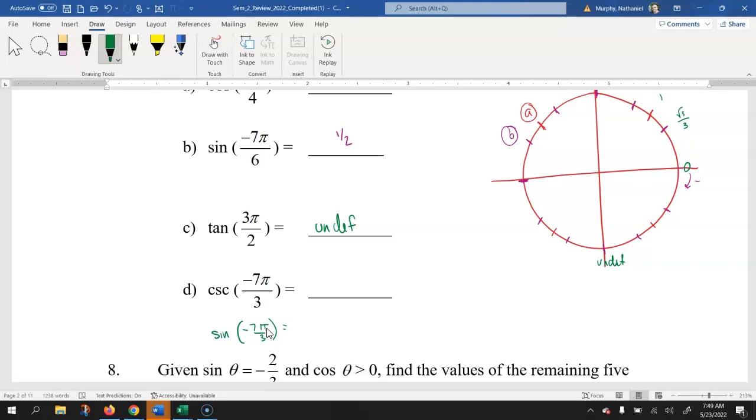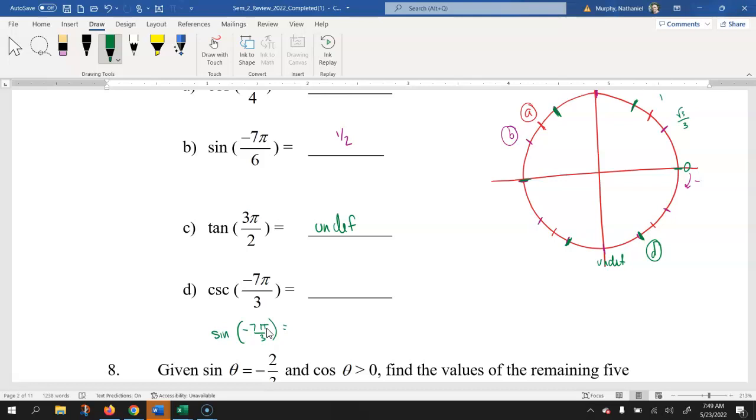So let's think about what negative 7 pi over 3 would be. If we look at this in terms of thirds, let's go in the negative direction: negative 1/3, negative 2/3, negative 3/3, negative 4/3, negative 5/3, negative 6/3. Well, that brings us all the way around, so we're going to keep going. So negative 7/3 would be right here.